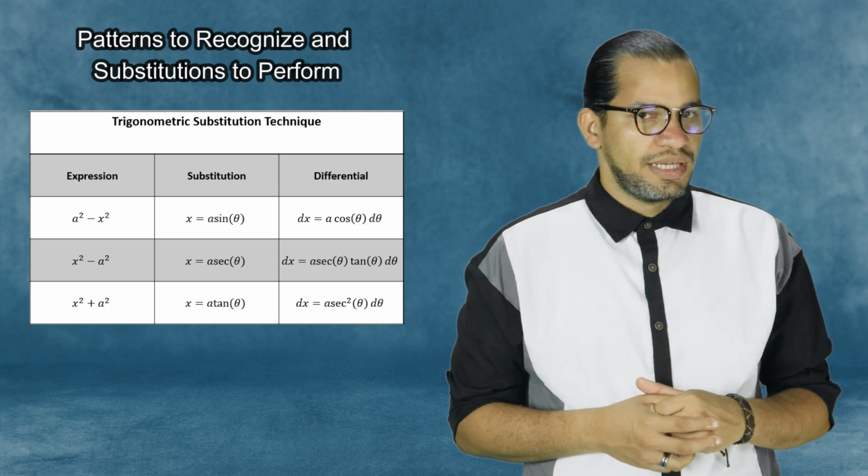For instance, let us consider the integral of the square root of 4 minus x squared dx. If we apply the substitution x equal 2 sine of theta, then dx is 2 cosine of theta d theta.